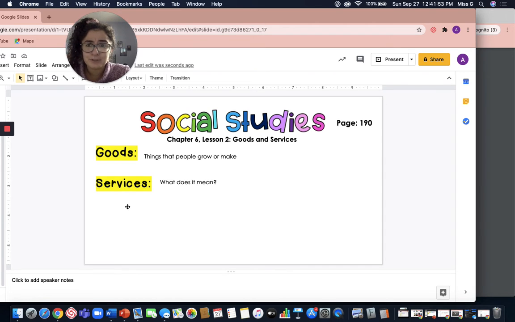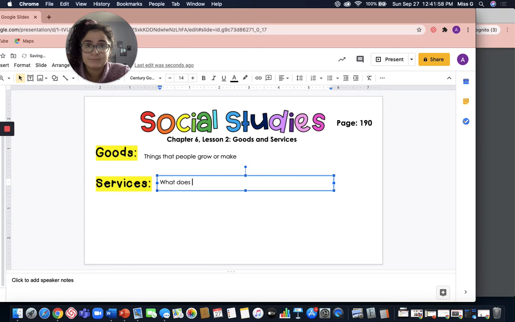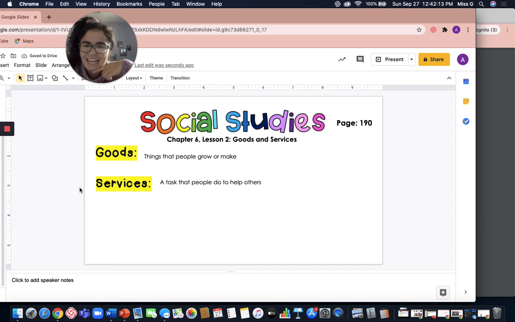Do you know what this word means? A service is a task that people do to help others. Can you think of an example of a service?